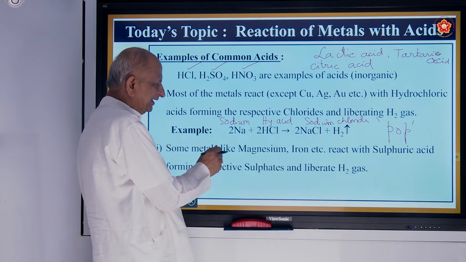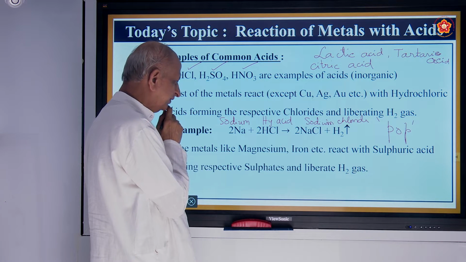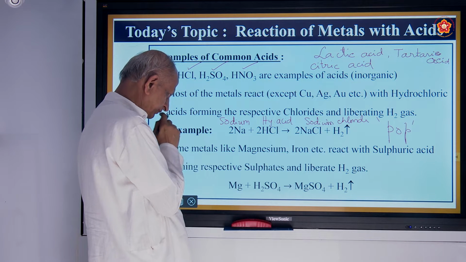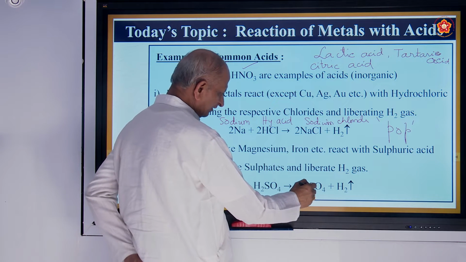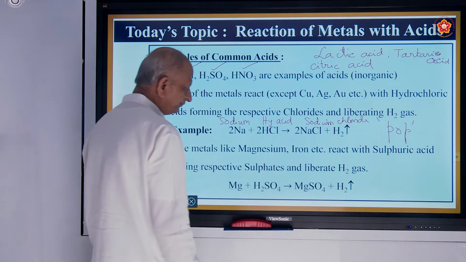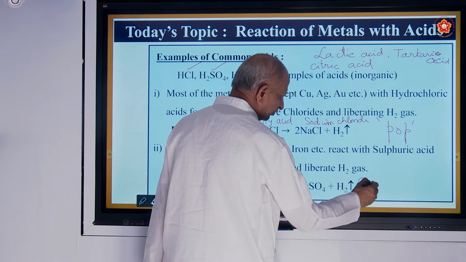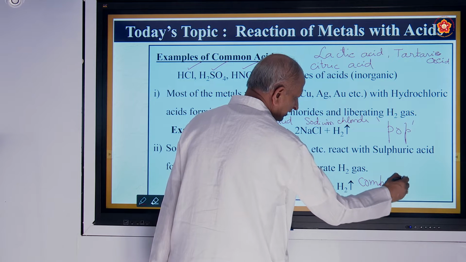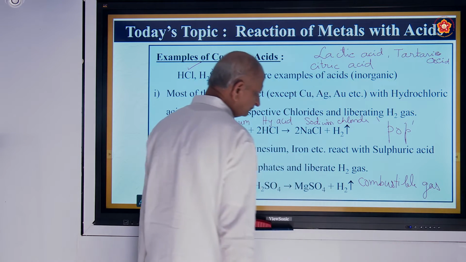Some metals like magnesium, iron, etc. react with sulfuric acid, forming respective sulfates, liberating hydrogen gas. For example, magnesium plus sulfuric acid gives magnesium sulfate plus hydrogen gas. Hydrogen is a combustible gas. Note this name. Combustible means what? Catches fire of its own accord.